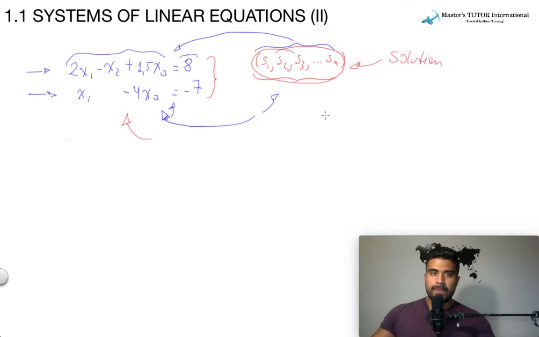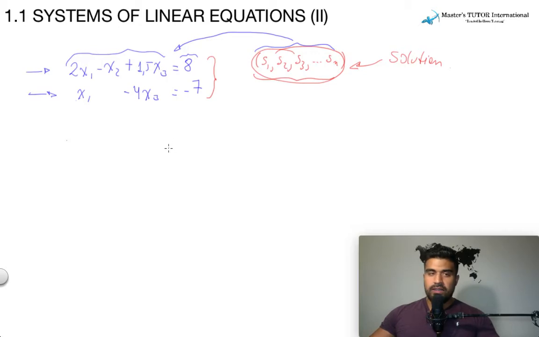Okay, this is the theoretical part. We will see examples, so don't be confused. For the example that we have now, which numbers make this system, or this equality, true? In other words, what's the solution of this system?